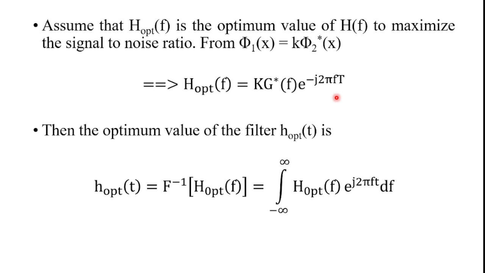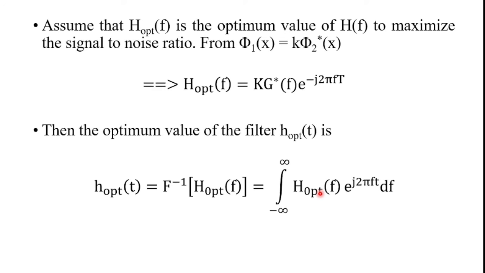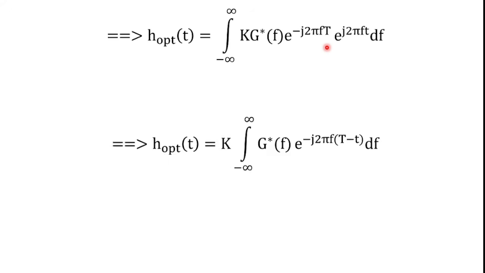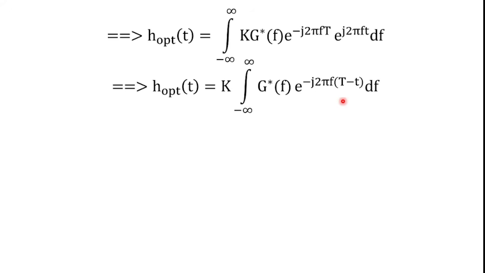But capital H opt of f is k G conjugate of f into e power minus j 2 pi fT, and substituting this optimum value here, we get the optimum value of the filter as the integral from minus infinity to infinity of k G conjugate of f into e power minus j 2 pi fT into e power j 2 pi ft. These two exponential terms are written as e power minus j 2 pi f of capital T minus t, df.